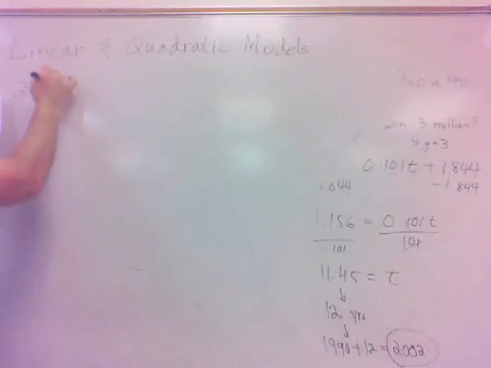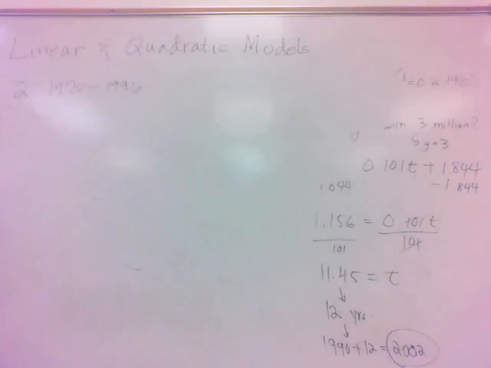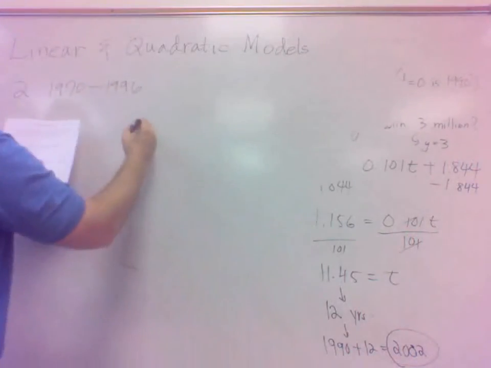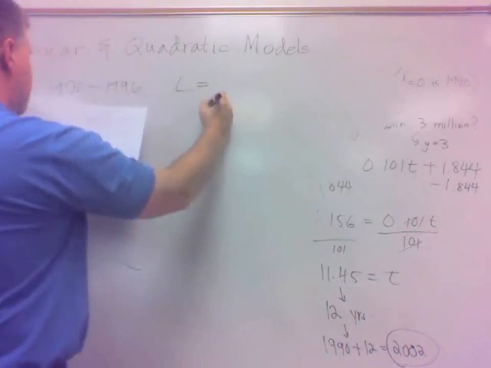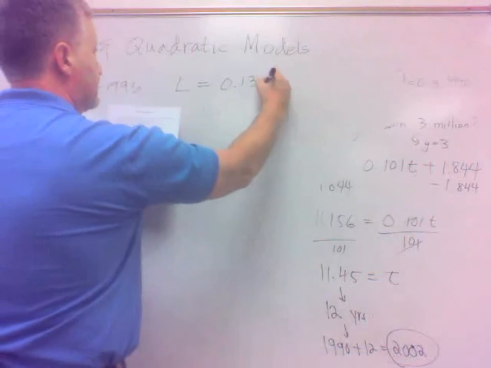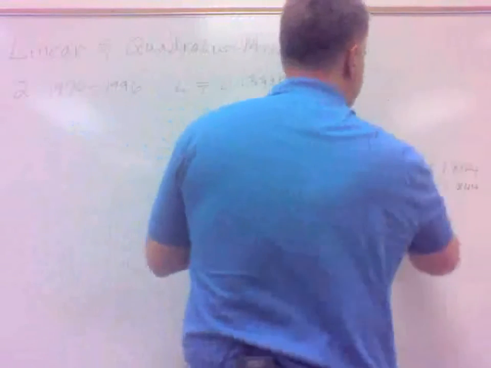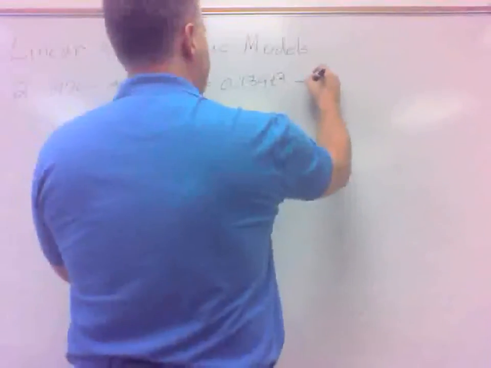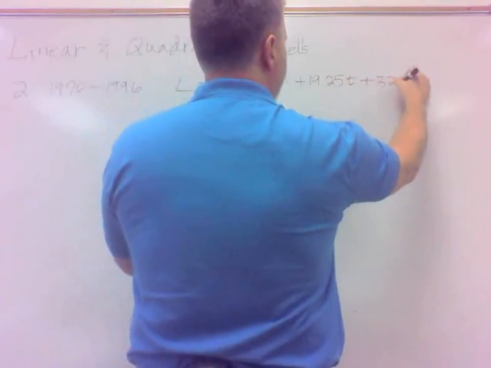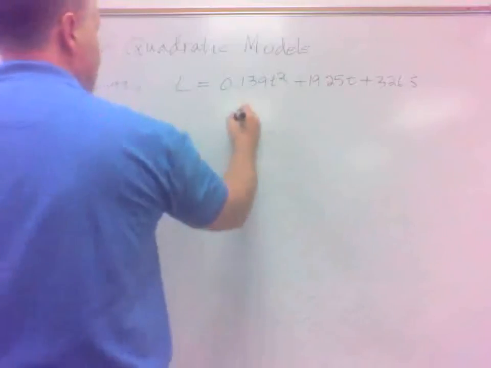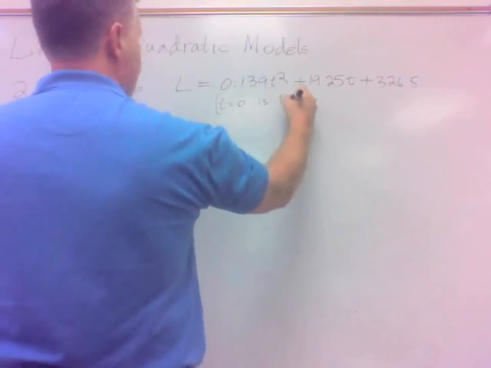This one has, from 1970 to 1996, the number of lawyers in thousands in the U.S. modeled by this equation: L equals 0.139t squared plus 19.25t plus 326.5, where in this case t equals 0 is 1970.